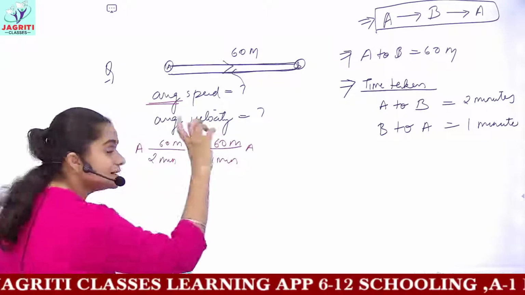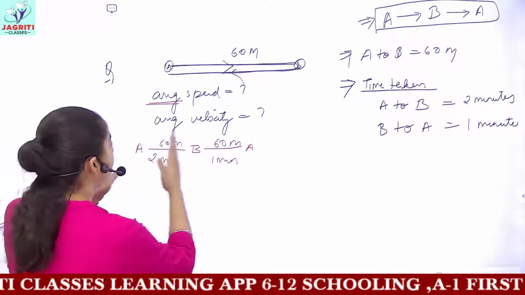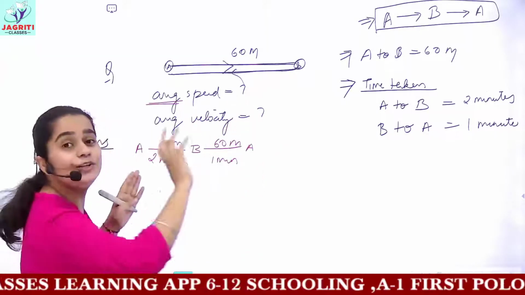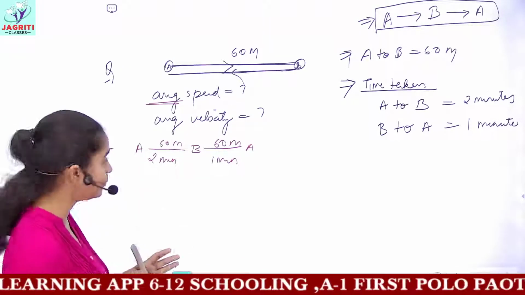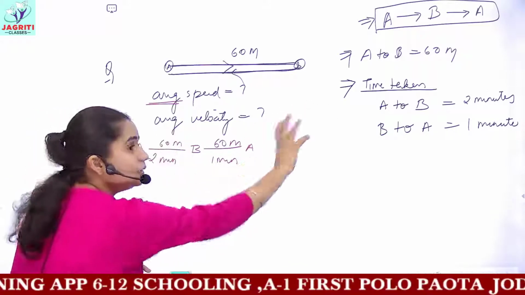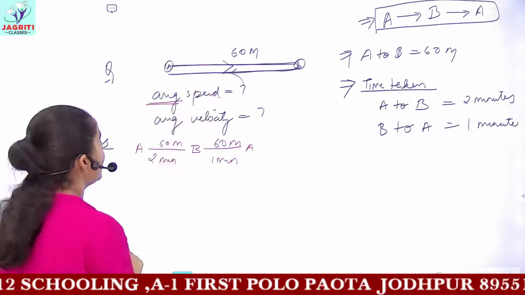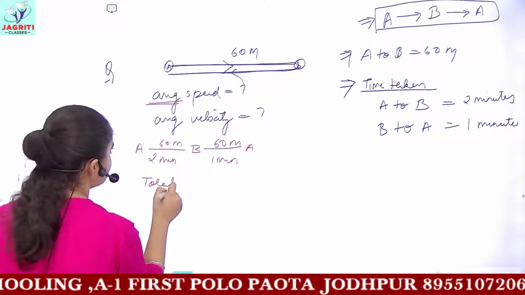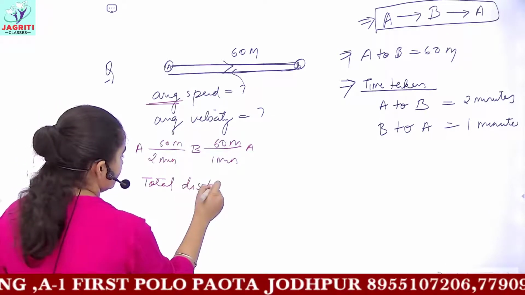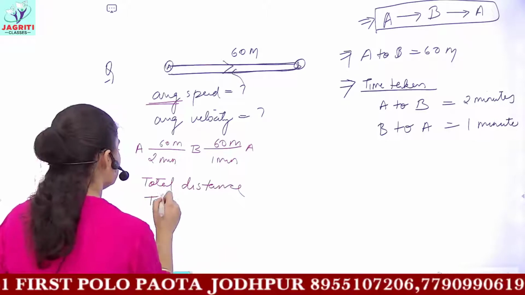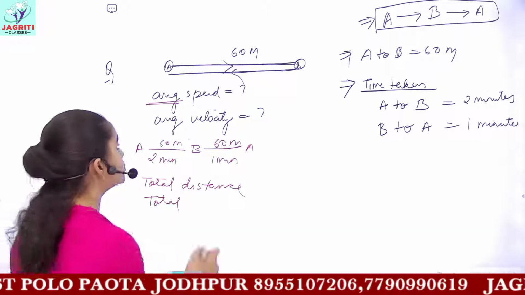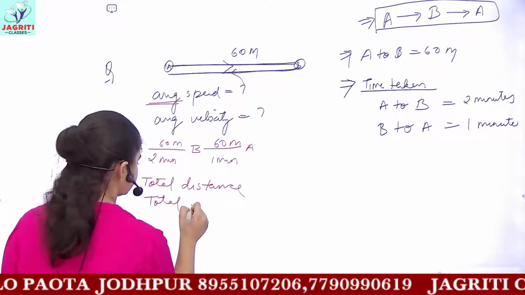If non-uniform motion is given or if a long journey is broken into many paths or many breakpoints, and you are given different values, then obviously you have to calculate average speed. That is, you have to find the total distance, then the total time, and then divide these both values, and you will get average speed.